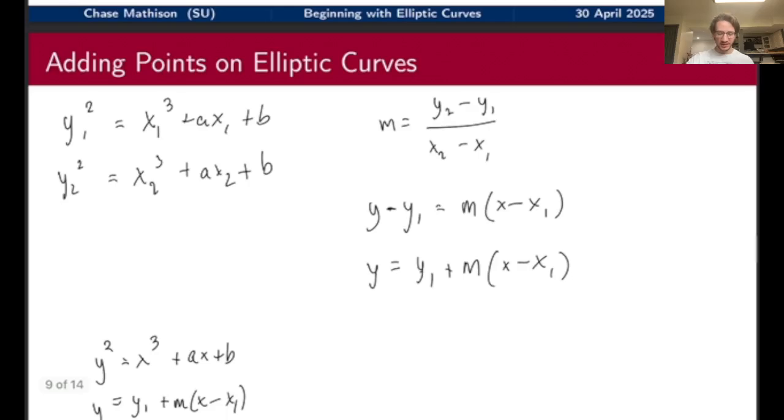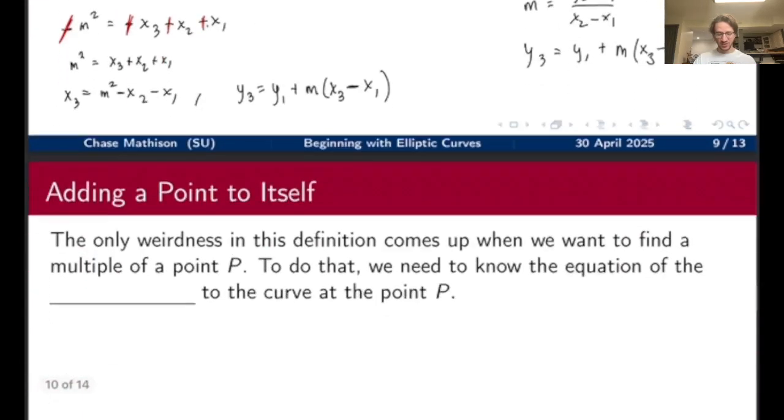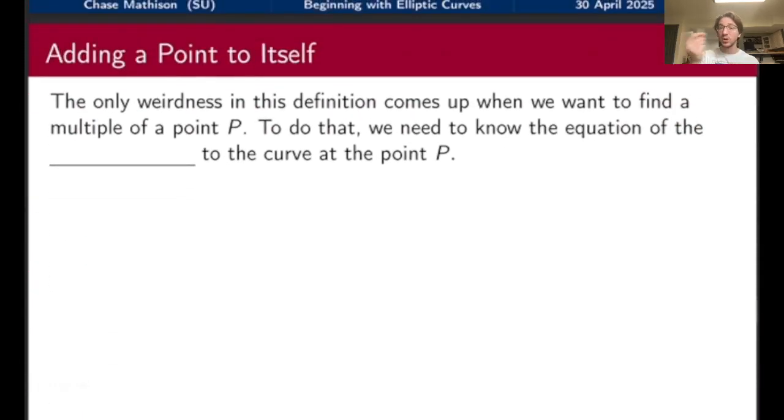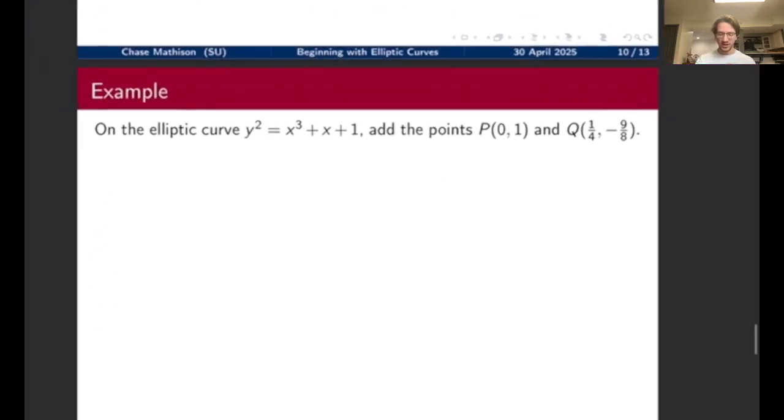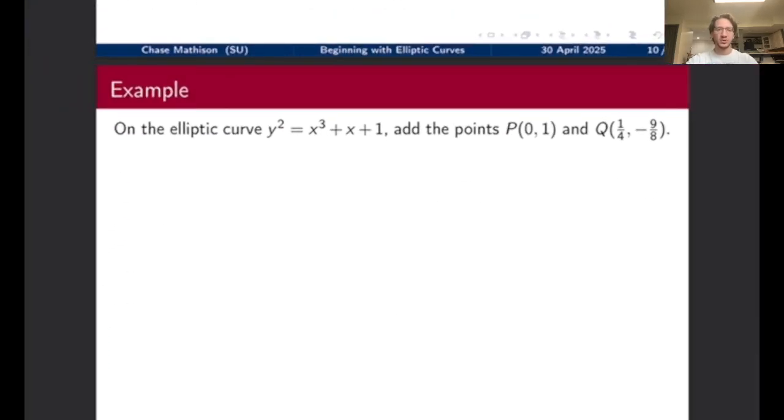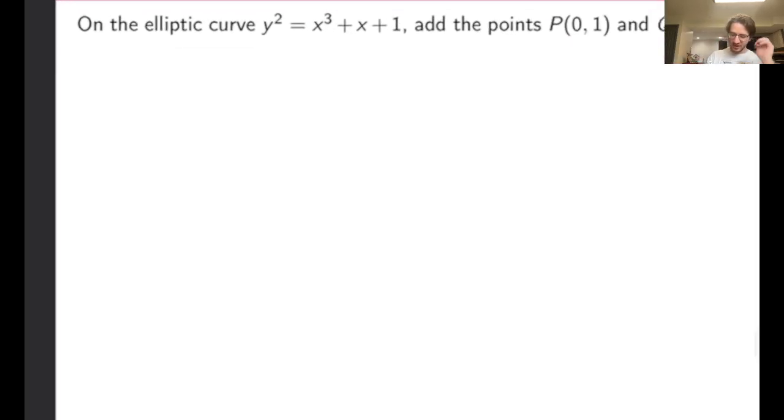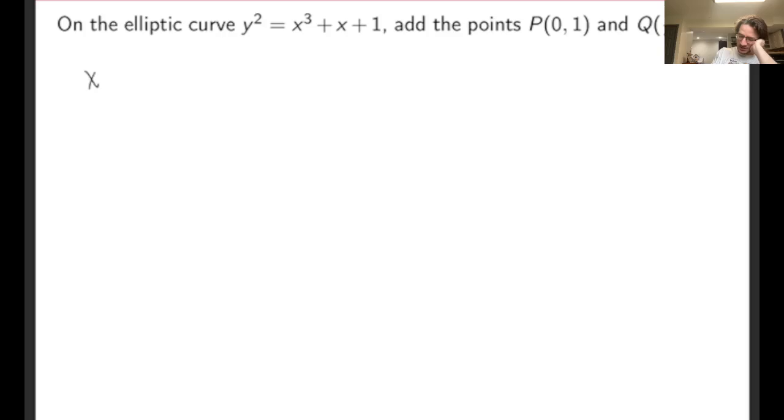So let's do this. We're gonna let Desmos do this. Before we talk about taking a multiple of an individual point, let's add 2 points on an elliptic curve here. Again, we just need to calculate now. X3 is m squared minus x2 minus x1. We'll call this x1, y1, and this x2, y2.